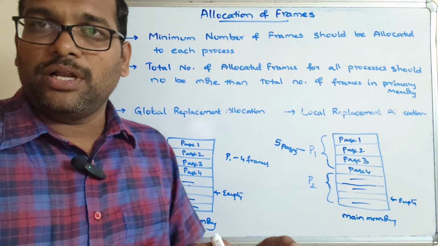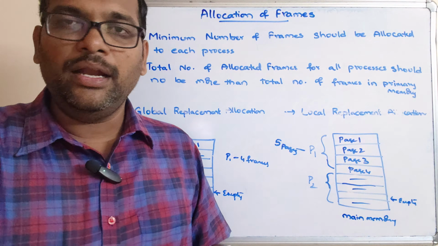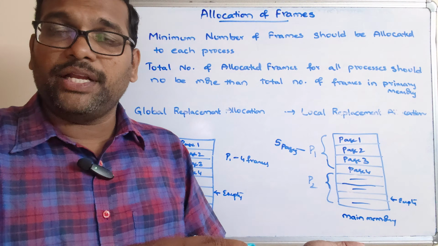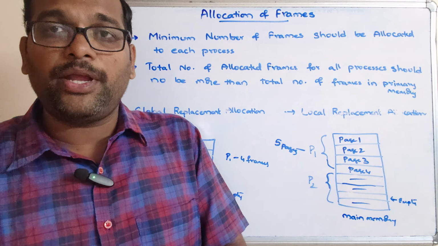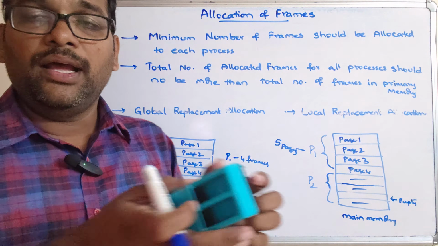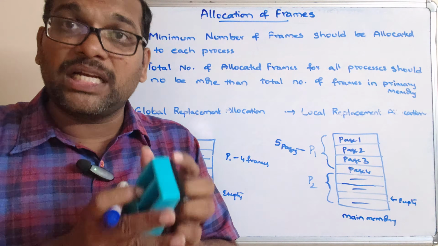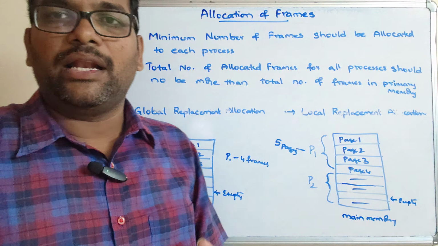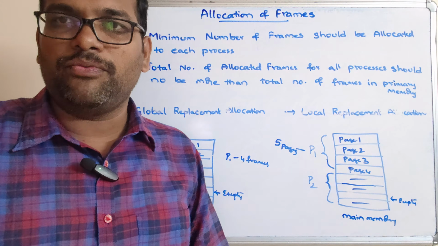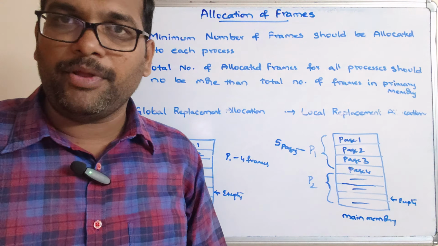Okay, so that was the proportional allocation technique. And coming to the equal allocation technique, 15 frames are allocated to P1 and 15 frames are allocated to P2, where the total number of frames becomes 30, which is equal to the available frames of main memory, that means primary memory.